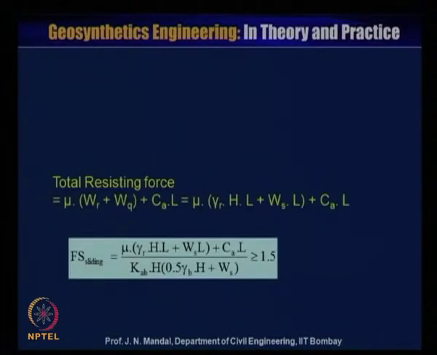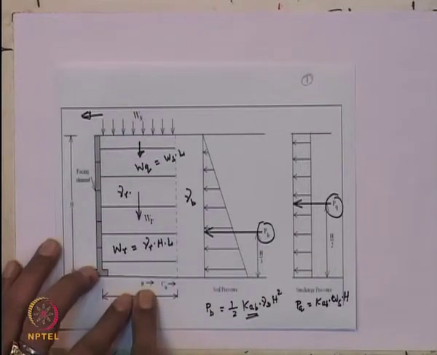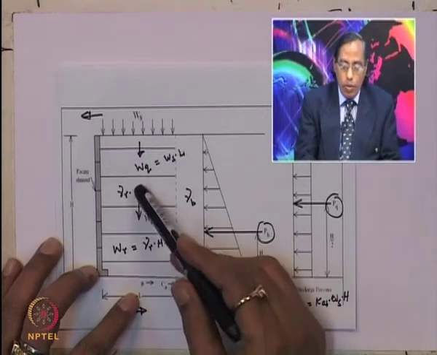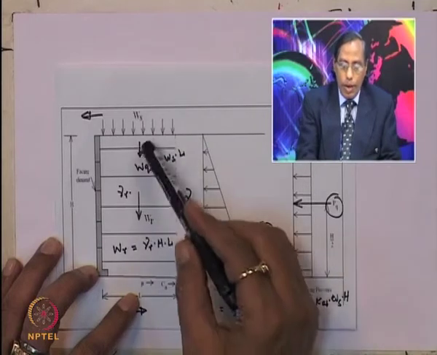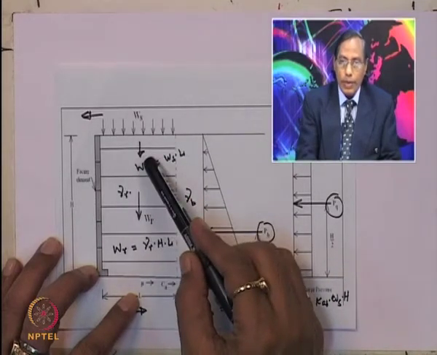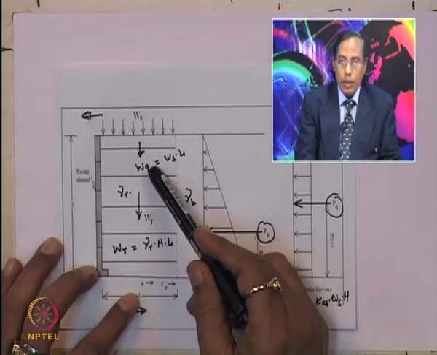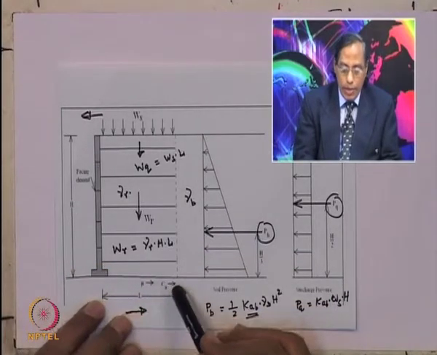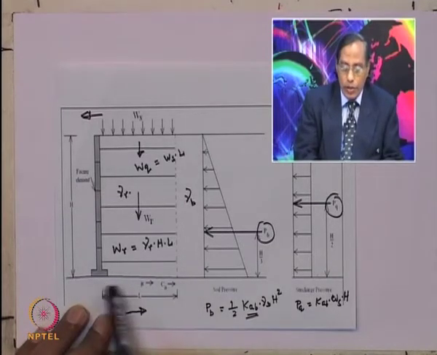Now, this is the driving force and there will also be the resisting force. This is the resisting force. So, the resisting force will be mu into the weight due to the reinforced soil wall and the weight due to the surcharge, that means mu into (WR plus WQ), plus, due to the adhesion, CA into L. So, these are the total resisting force.